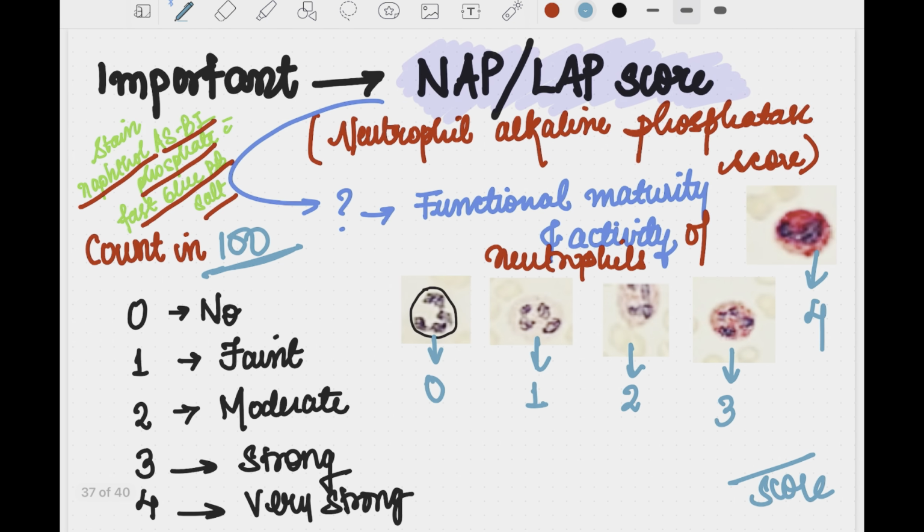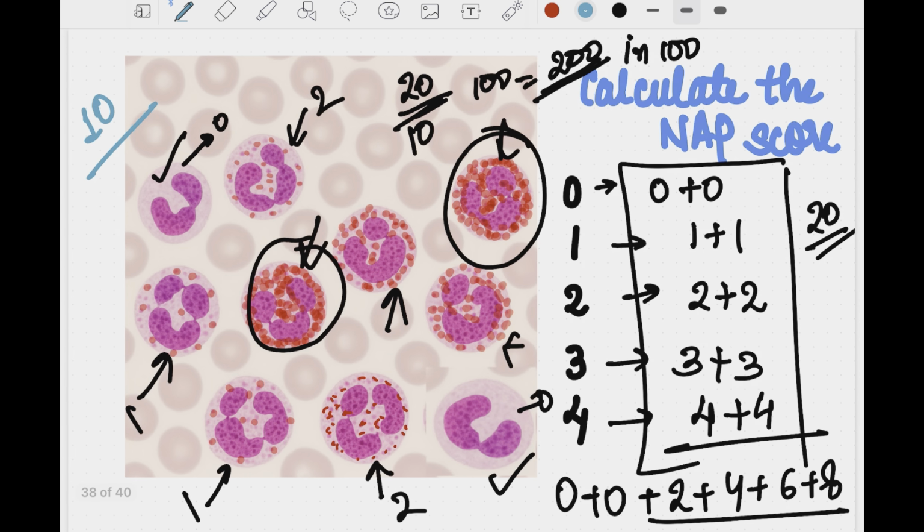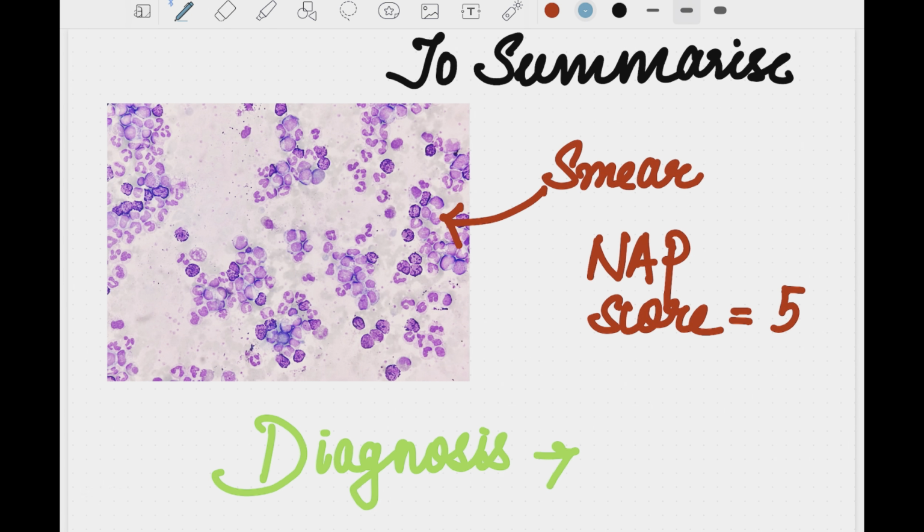Please remember that this is the NAP score, and it's very important to diagnose whether a case of neutrophilic leukocytosis is CML or just a leukemoid reaction in a clinical setting. Then just to summarize, when you see a smear like this, you take the history, you know that this is a patient who has splenomegaly, no lymphadenopathy, then you count differentials, and you find increased basophils, neutrophilic leukocytosis with myeloid left shift, and then you find that the NAP score is 5.